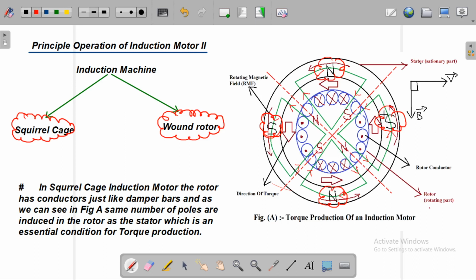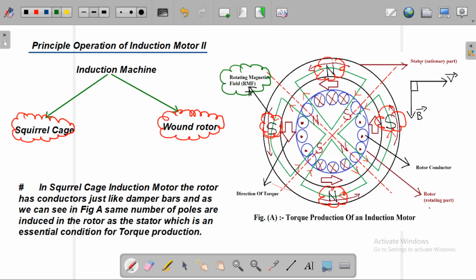This magnetic pole is assumed in the stator, the stationary part. When we supply the AC voltage to the stator, a rotating magnetic field is produced by the supply voltage of the stator.